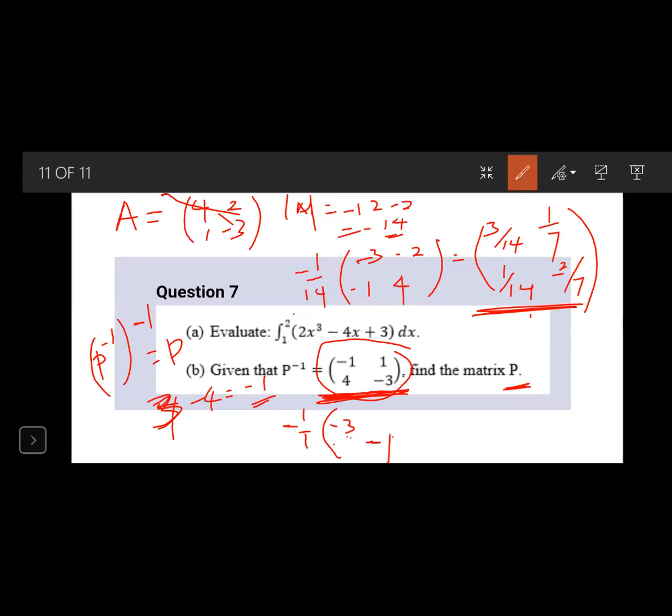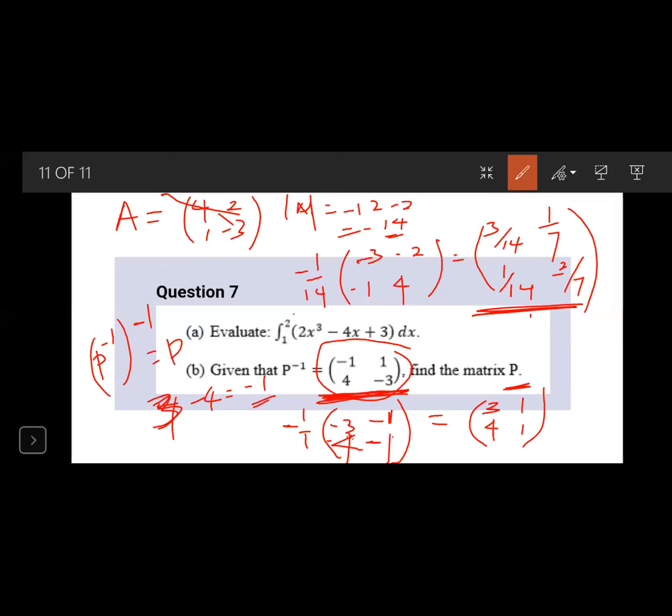So you have minus 4, minus 4, then you have minus 1. So indirectly, it means that we should multiply everything there by minus. So the answer will be 3, 1, 4, 1.